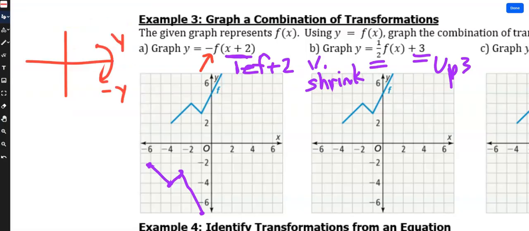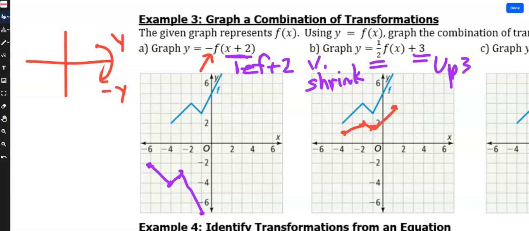So that means every point gets half the distance of the y's. So each one of those y's is halfway to the x-axis.